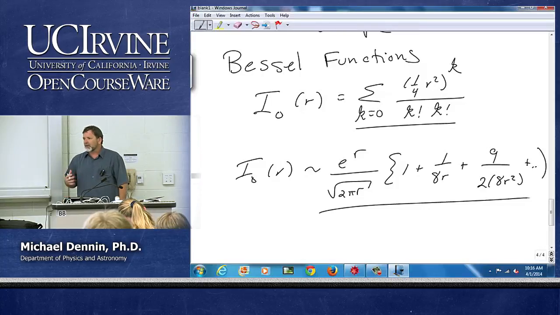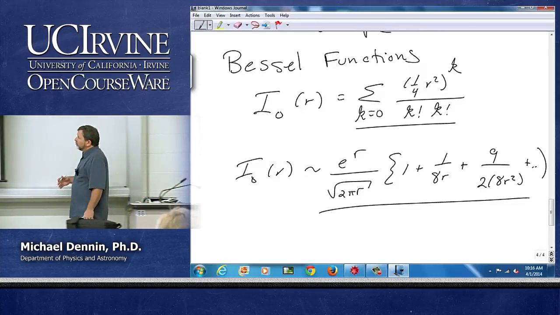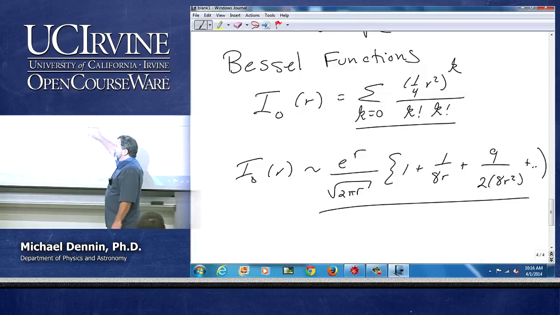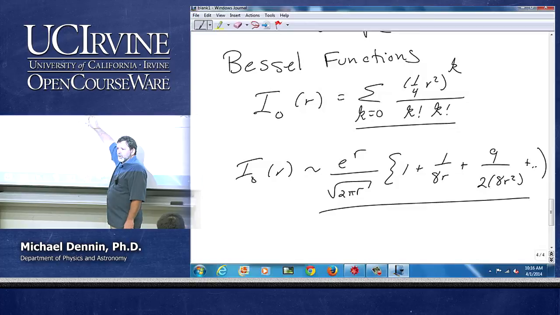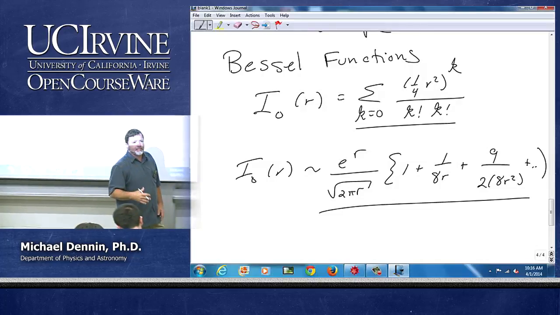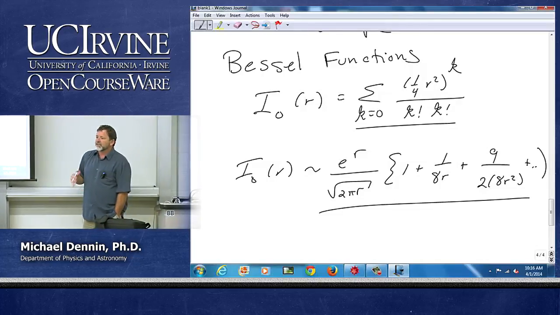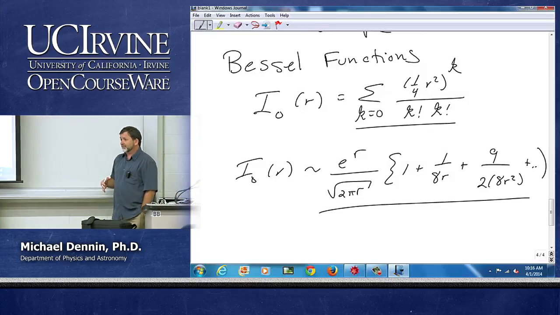This series does not formally converge, but at very large r, it's actually quite accurate. And it's quite accurate because you've correctly pulled out the asymptotic behavior. And that's something we use a lot in physics, what we would call an asymptotic series, one that works well in a particular regime, even if the series itself doesn't converge.